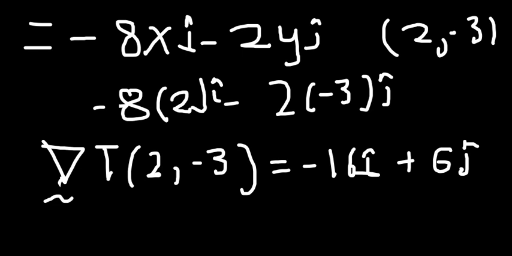So after getting this, we need to answer the question. We need to look at the rate of increase, and the rate of increase is simply maximization. So if you are finding the rate of increase of something, according to the formula, let us go to the next page so that I can write for you here.